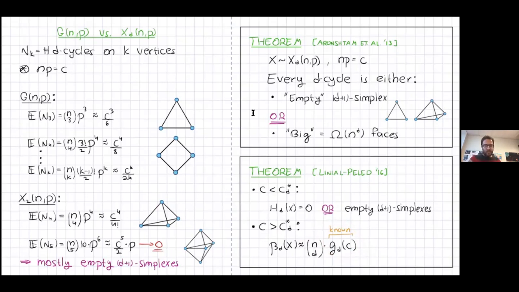Basically the idea is that the behavior in the subcritical range is determined by the boundaries of D+1 simplexes, and above that, a lot of big things show up immediately. And that's very different from what happens in the graph, which goes more continuously, because at any range of parameters, we can have all kinds of cycles showing up.